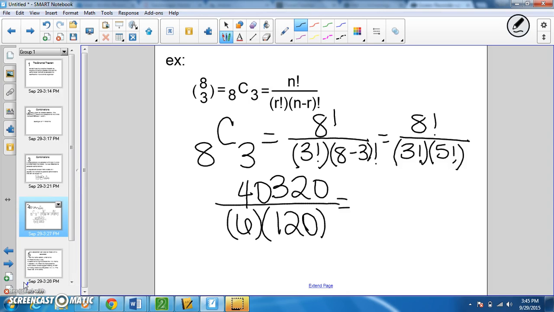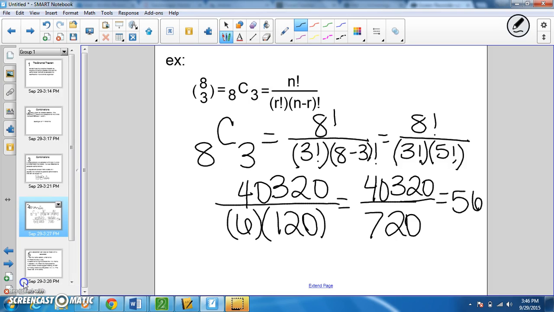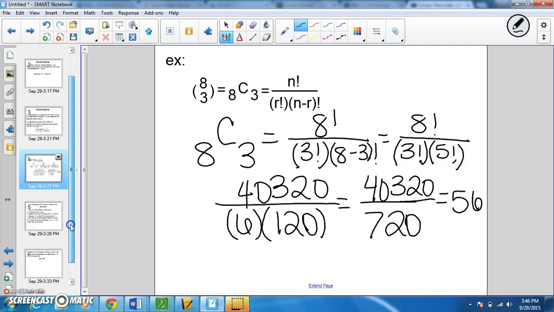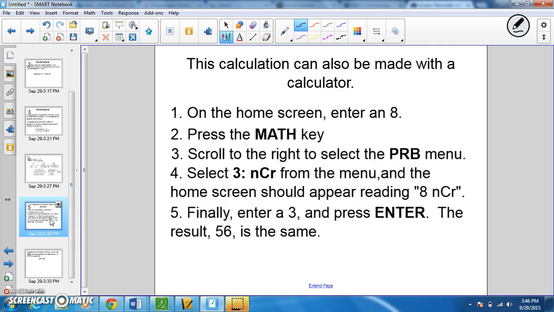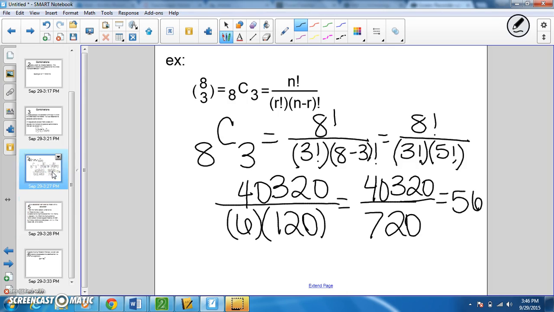So 6 times 120 is 720. So 40,320 divided by 720 is equal to 56. This means that we have 56 ways to choose 3 out of the 8 books.